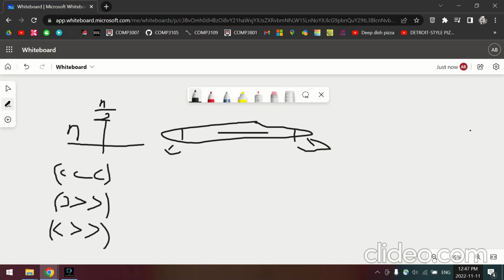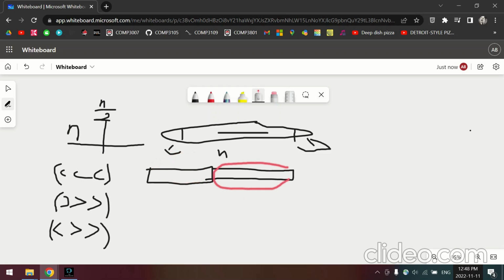It has 1/2 of the literals, and that's the important part, because it returns every possible satisfying assignment of those literals. So if we have n literals, then we get every possible solution of the first half of literals, and every possible solution for the second half of literals. So each one has a size of 2 to the power of n over 2, so this is 2 times that.